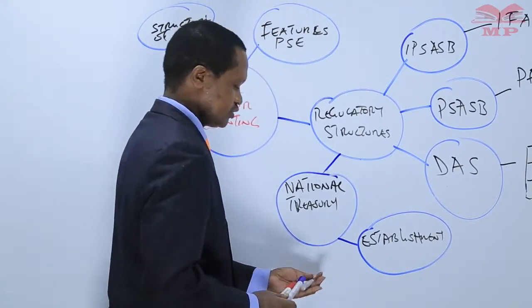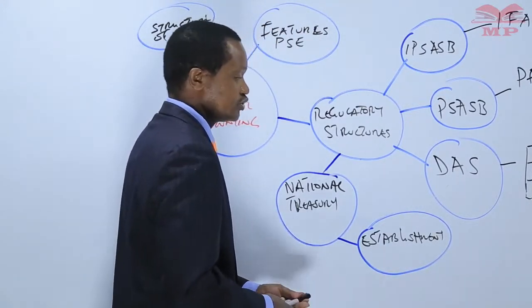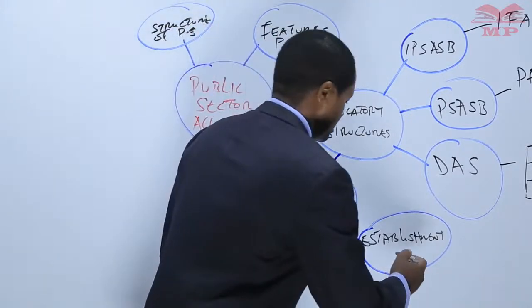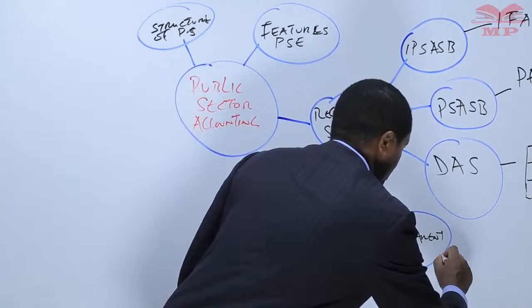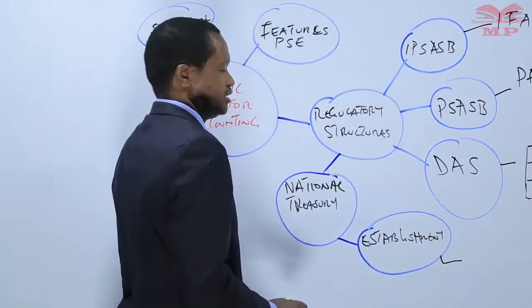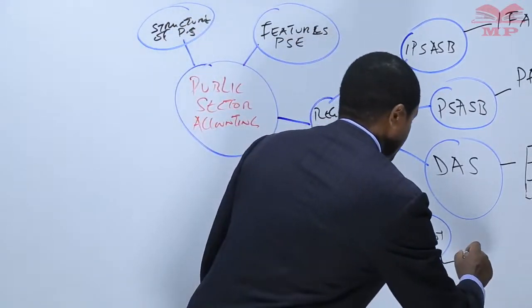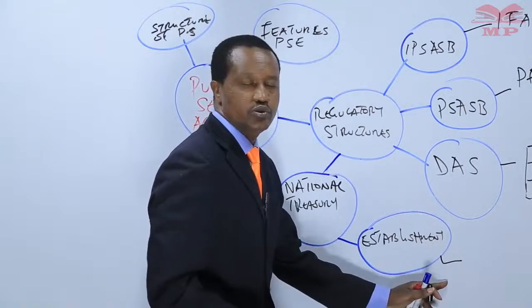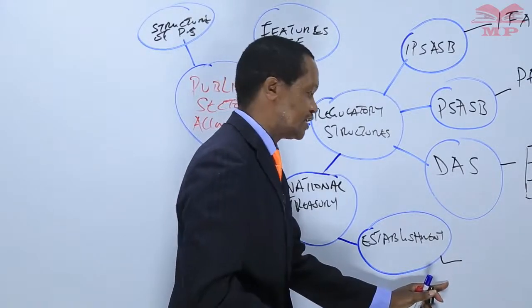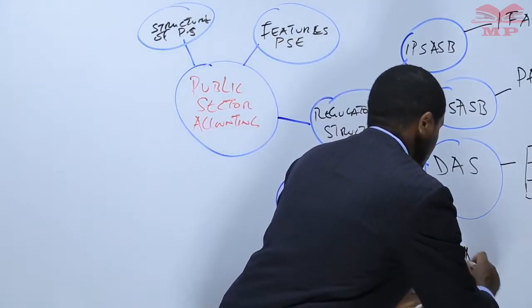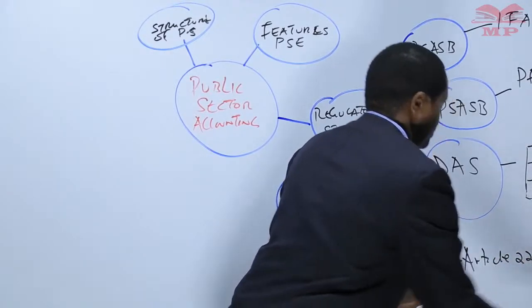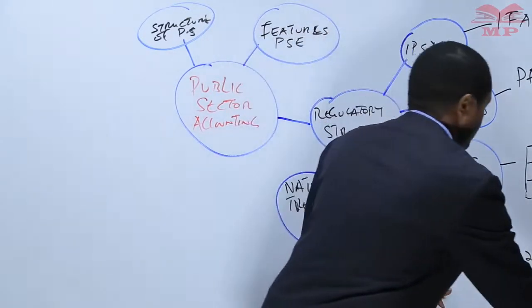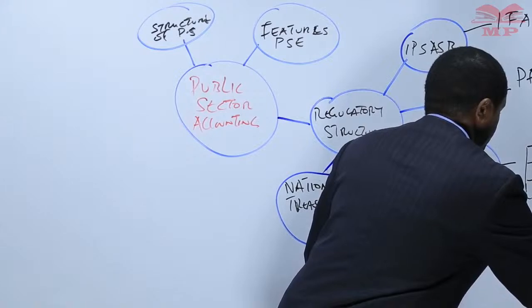So the National Treasury draws its mandate from, number 1, the Constitution, and specifically Article 225 of the Constitution.